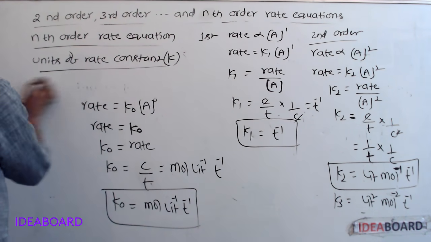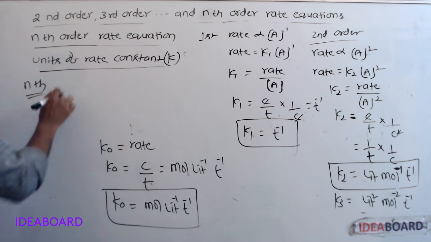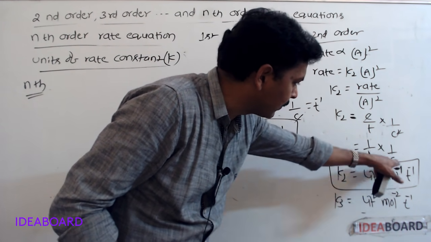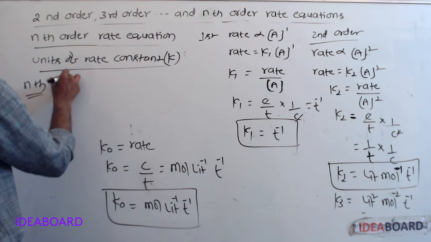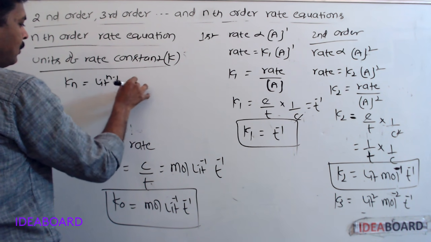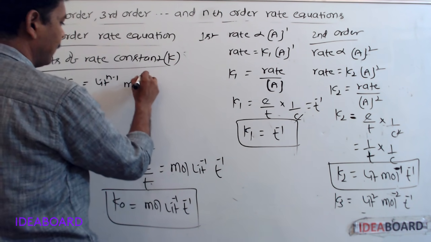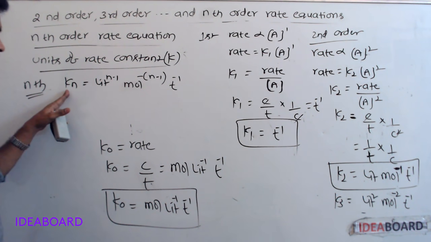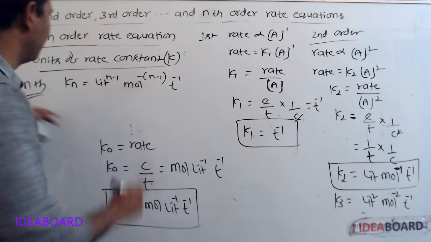If we take nth order, the nth order reaction rate constant units: K2 is liter power 1, mole power minus 1, time inverse. K3 is liter square, mole power minus 2, time inverse. For nth order, Kn is liter power n minus 1, mole power minus (n minus 1), time inverse.